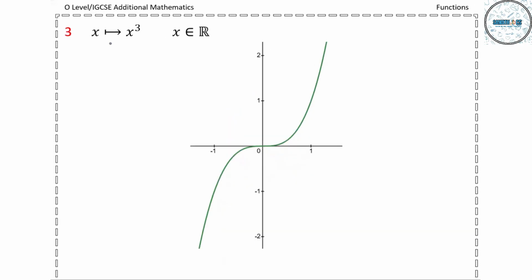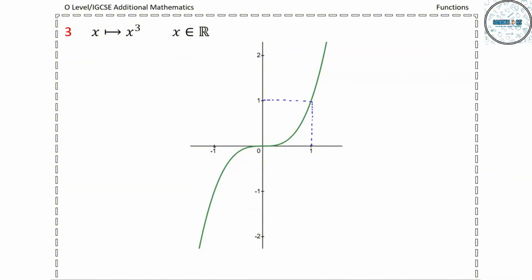Let's do this one. x is mapped to x cubed, and it is a cubic function where x belongs to real numbers. All values of x are included. If we consider this value of x, then we have just one output.